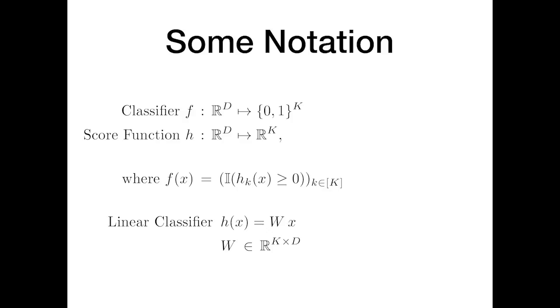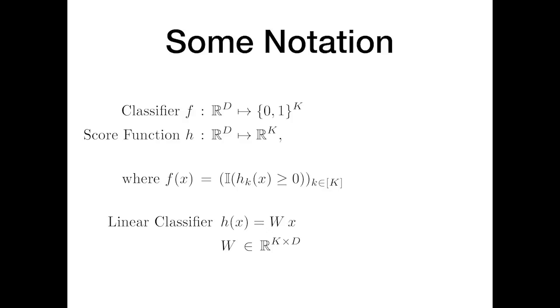Even in this multi-label or multi-class classification setting, I can also map the input to a K-dimensional Euclidean space. And then I can go from this K-dimensional Euclidean space to K bits. So one way I could do that is this function h is a vector-valued function.